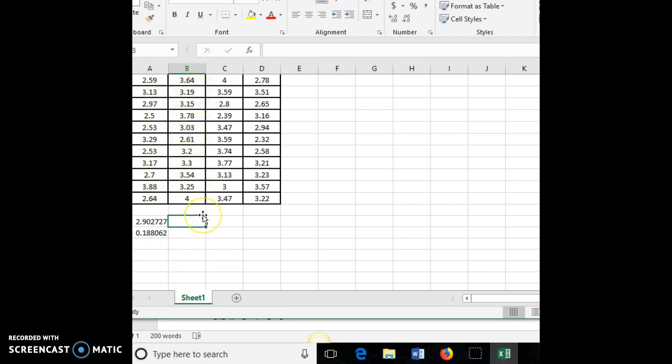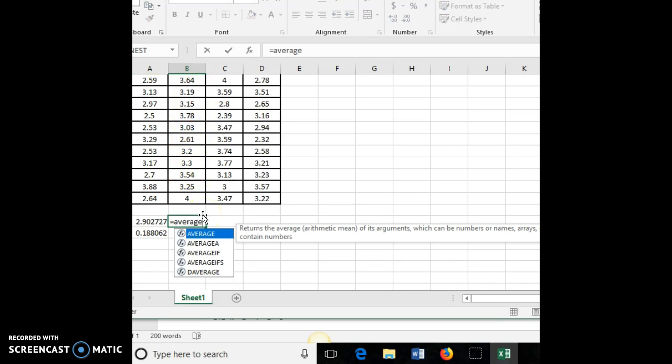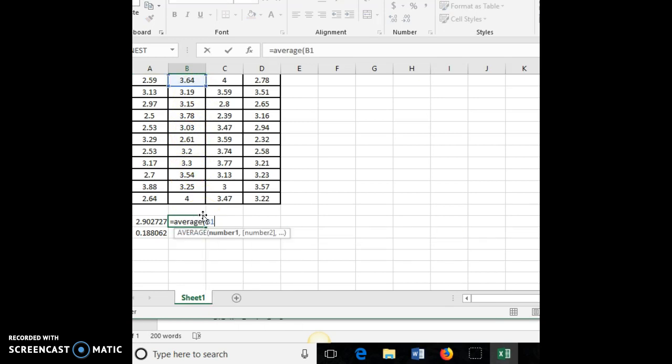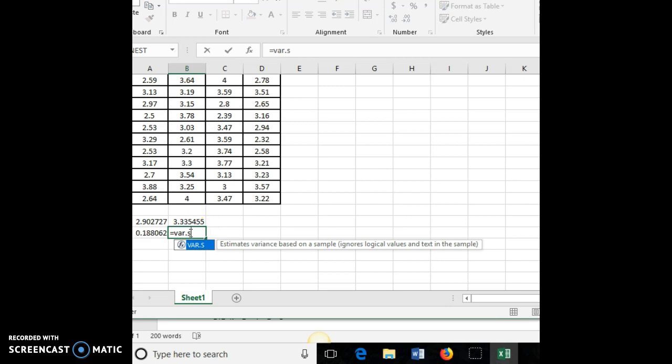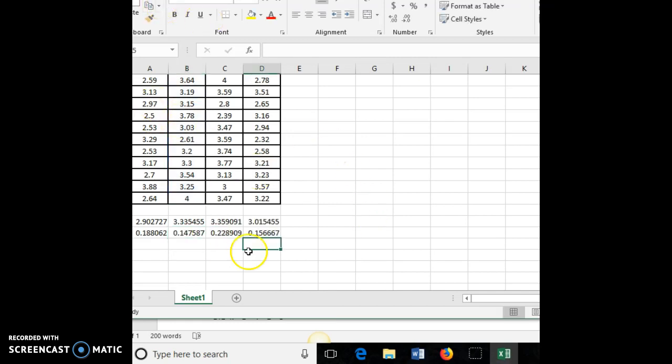So I'll do the same thing here, equal average B1 to B11, and equal var.s for B1 to B11. Now, for the sake of time, I'm going to do this. All right, so I've gone ahead and done these, and we have all of the means for each of the columns and all of the variances. Actually, not standard deviations.